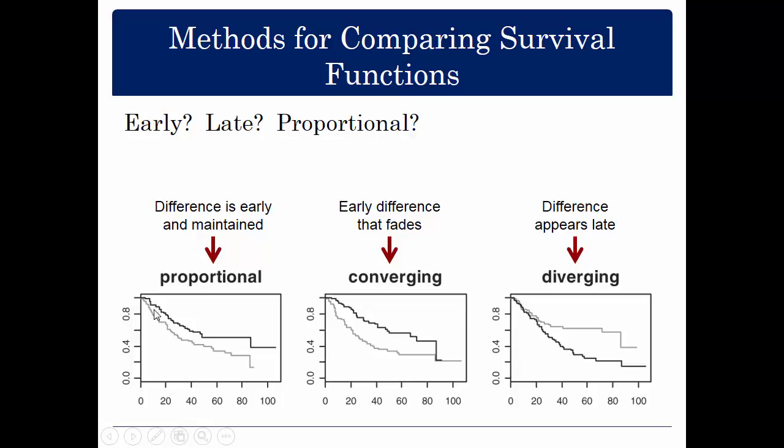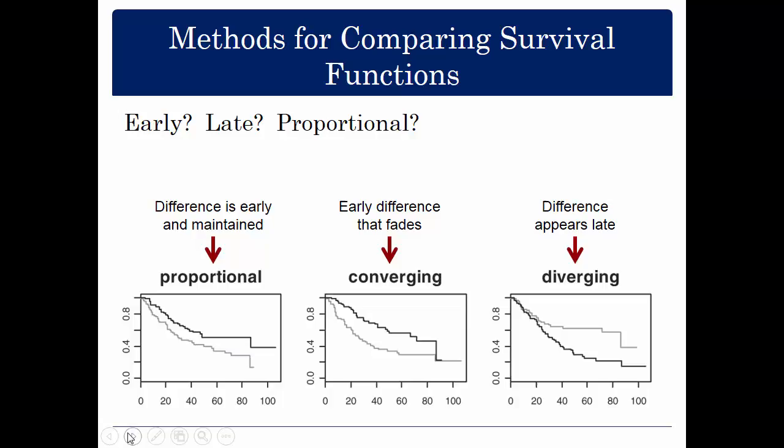Proportional, this is what Cox proportional hazards regression is assuming. And this is also what you're assuming when you report a hazard ratio comparing two groups over the entire study period. I'm assuming that the treatment effect, which is represented basically by the distance between these two lines, is approximately the same over the entire study period.